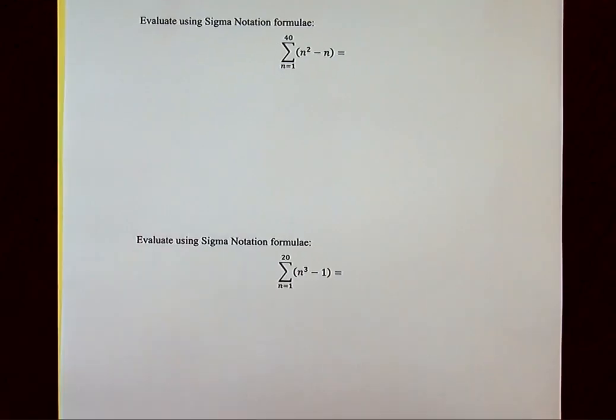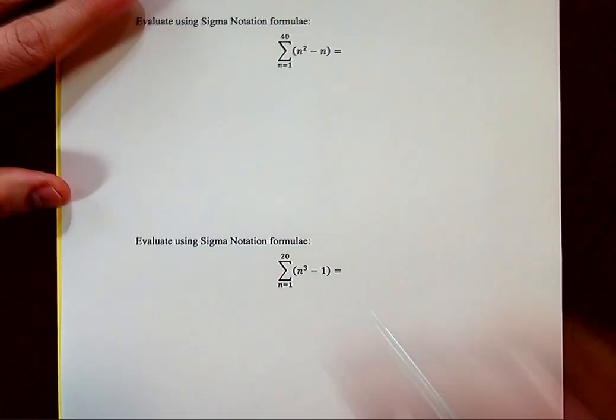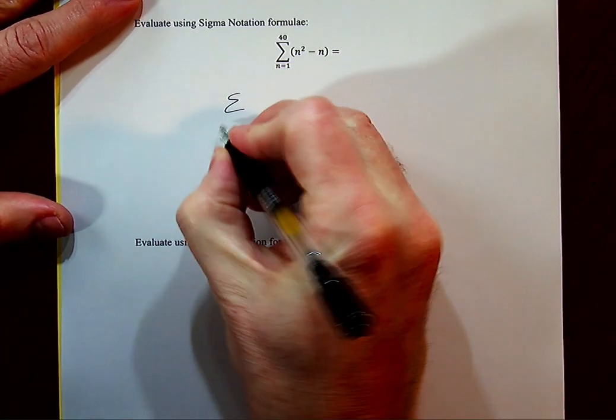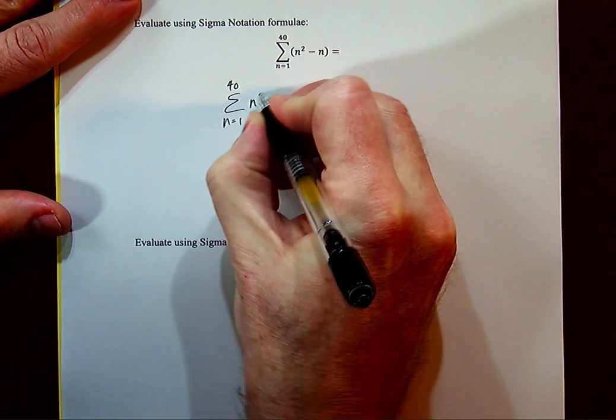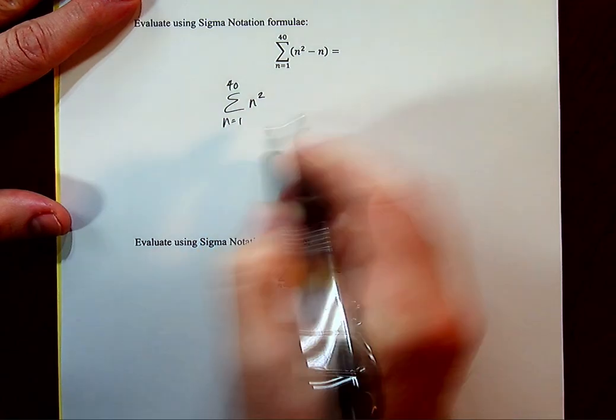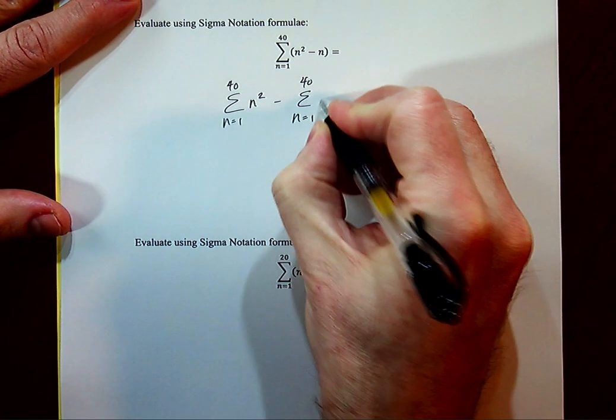Alrighty, let's do a couple more examples. Actually, we're going to do 4 more examples before we move on to a little tweak of what we're doing here. In this one, it's the first 40 terms of n squared minus n. We don't have any coefficients to pull out, and that's not a huge deal. So we're going to get the sum from 1 to 40 of n squared, and then 1 to 40 of n.